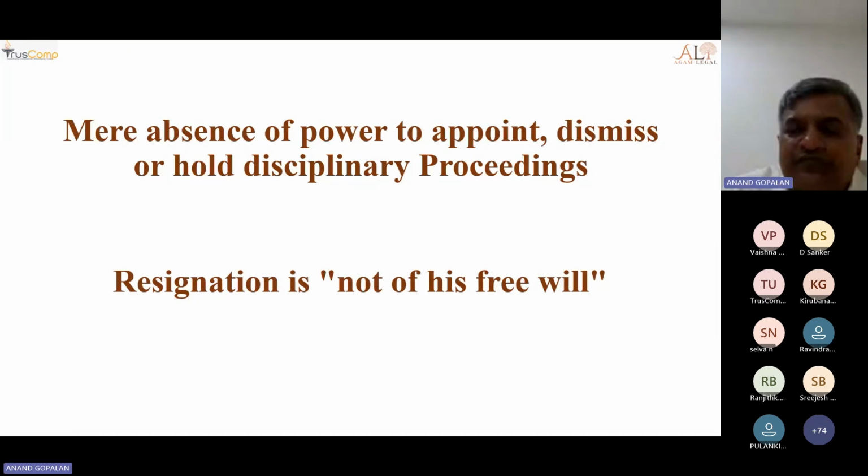In that dispute, there was also another question, where the employee said his resignation was not out of his free will, and in fact, even while resigning, he had said that. But despite his resignation saying that, the Supreme Court came to the conclusion that the resignation was voluntary and certainly not a coerced resignation, and held that there was no termination, but only a case of resignation.